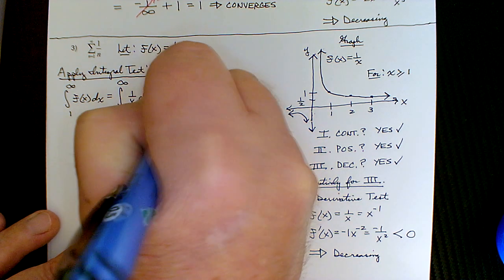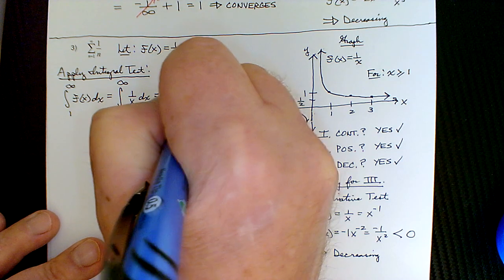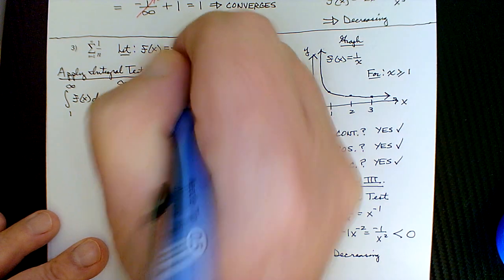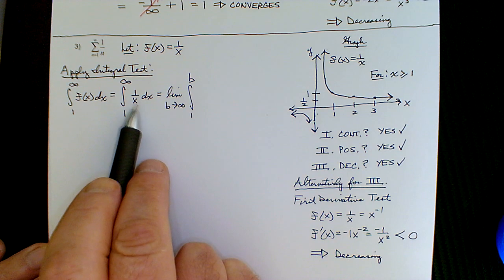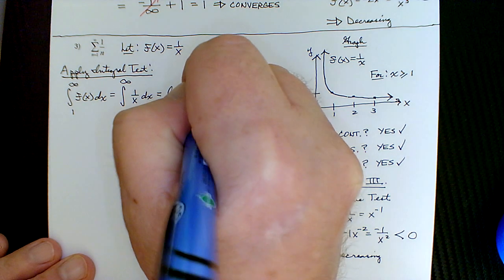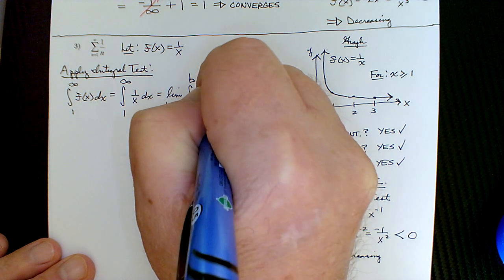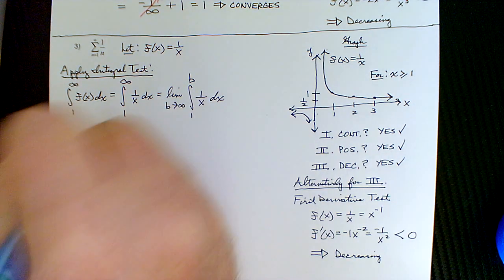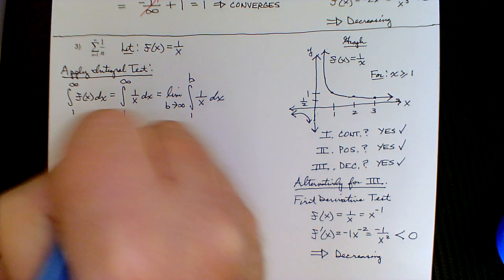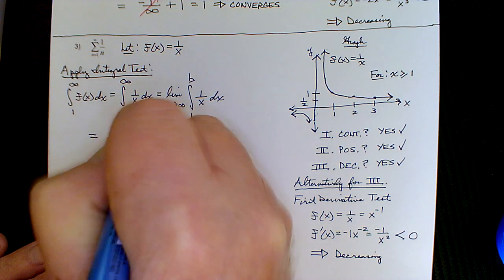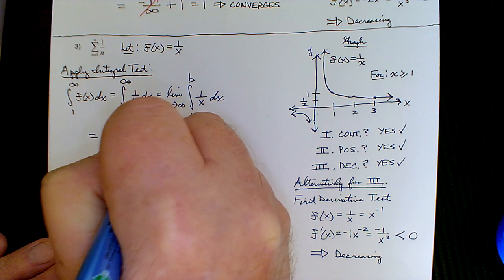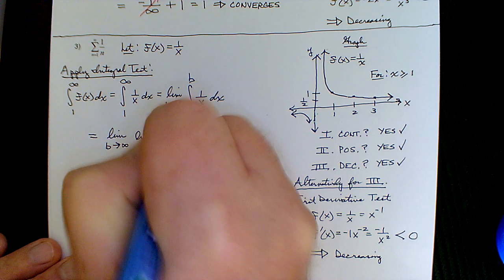So we'll say the limit as b goes to infinity, integral 1 to b. In this case, we'll leave 1 over x, because it's not a power in the denominator. We should recognize that as being the derivative of the natural log of x. So this integrates to, carrying the limit, natural log absolute value of x, evaluated from 1 to b.